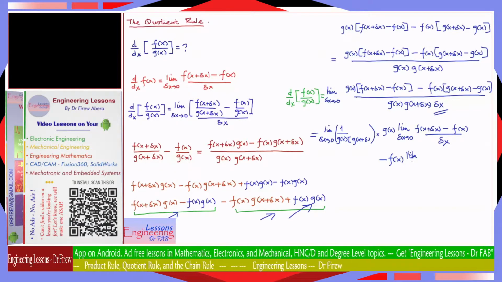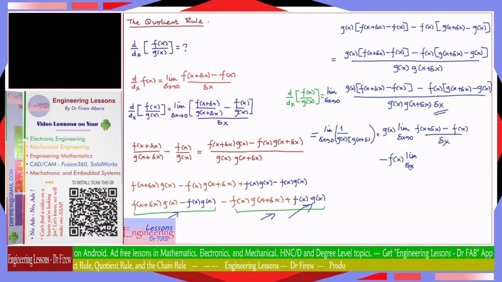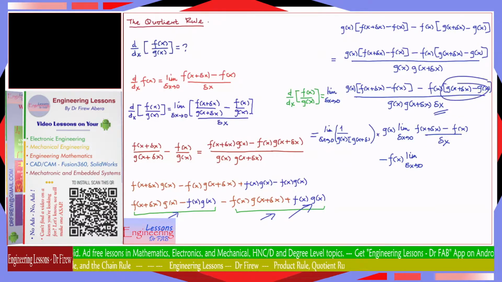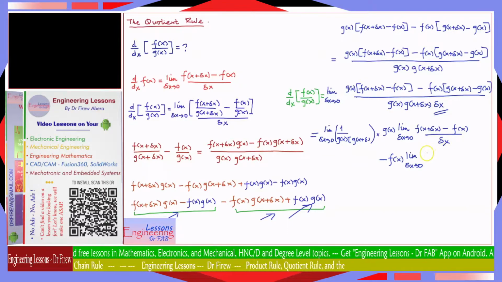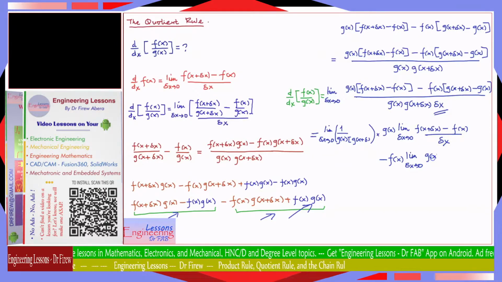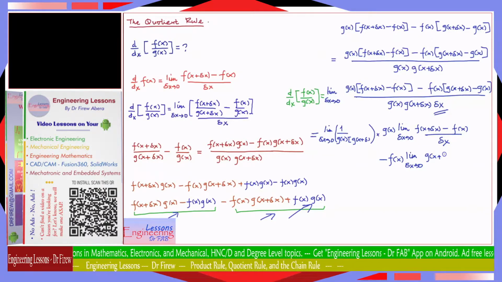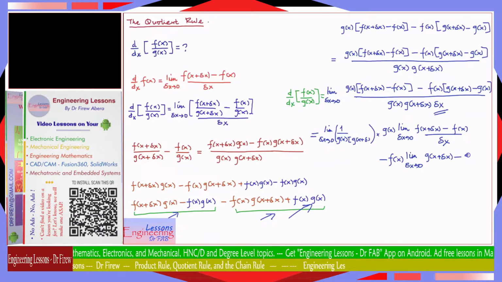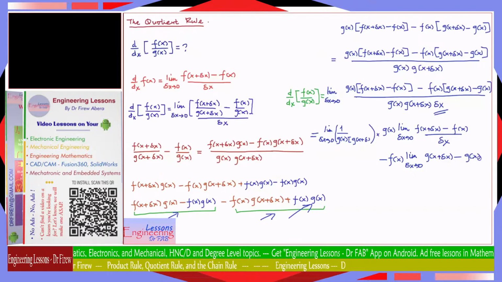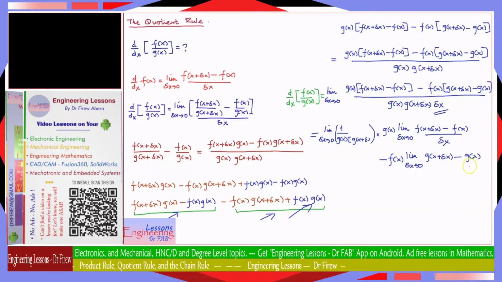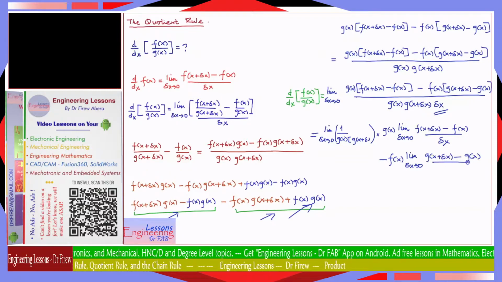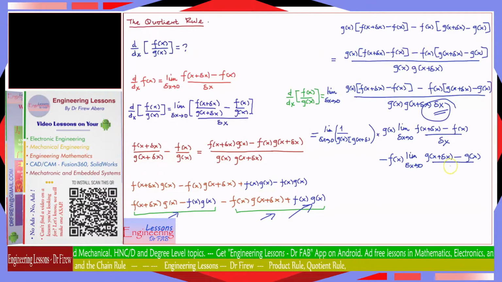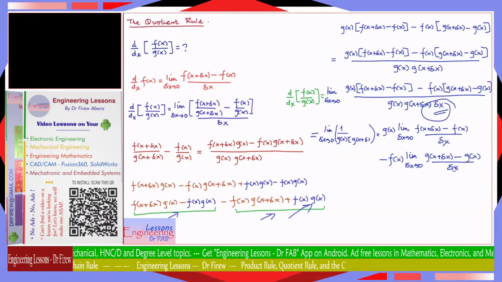So limit as sigma x approaches 0 of the rest of the expression, which is g of x plus sigma x minus g of x, okay, on there, over, now as we have said, sigma x can divide both sides, so over sigma x.